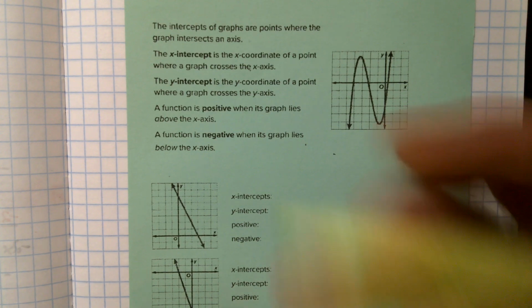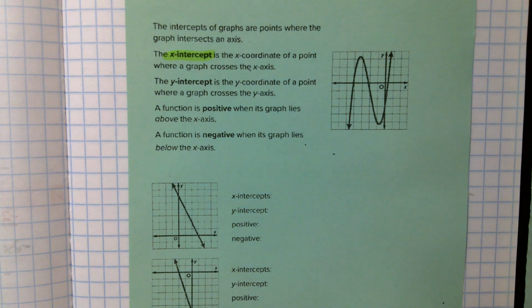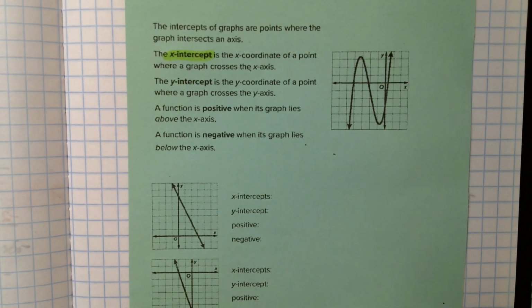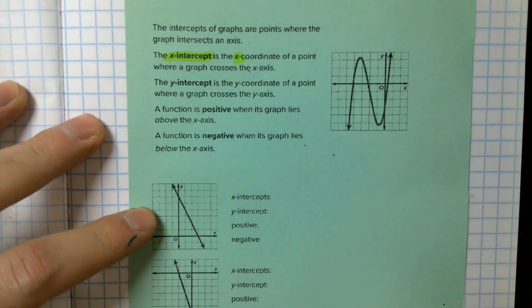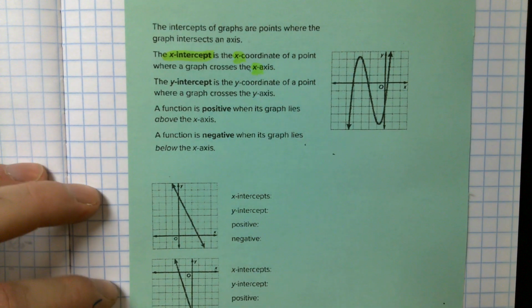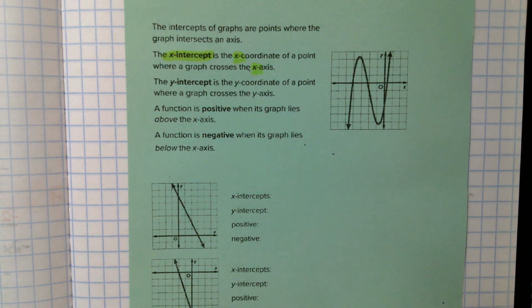My x-intercept is the x-coordinate of the point where a graph crosses the x-axis.